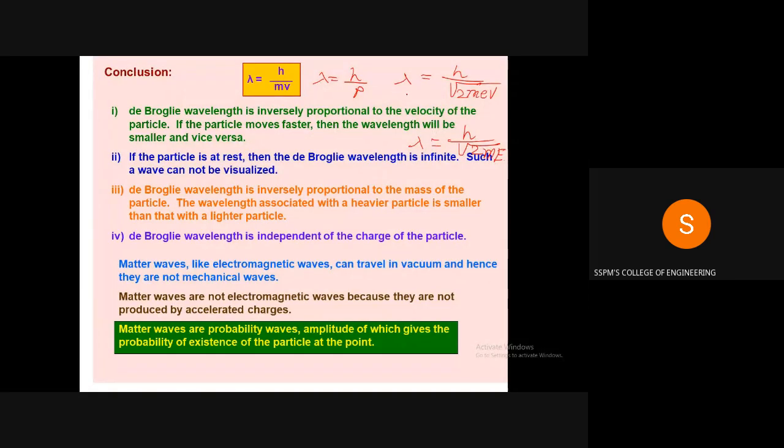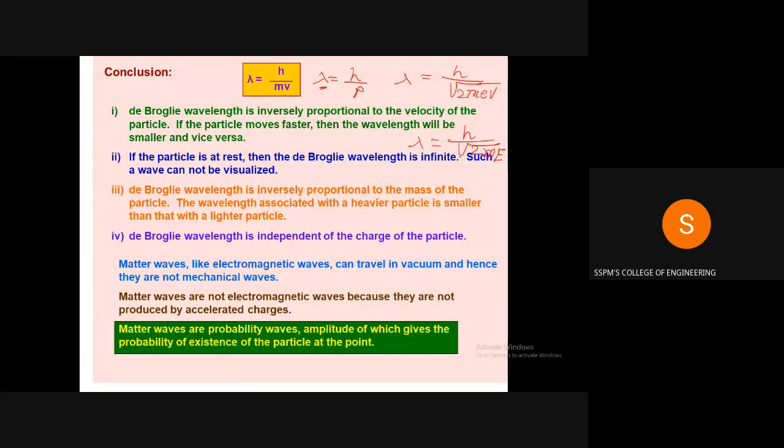There are different forms associated with de Broglie wavelength. What is de Broglie wavelength? It says that a matter wave or a particle such as an electron in motion with certain velocity v has a wavelength expressed in terms of these fundamental equations.